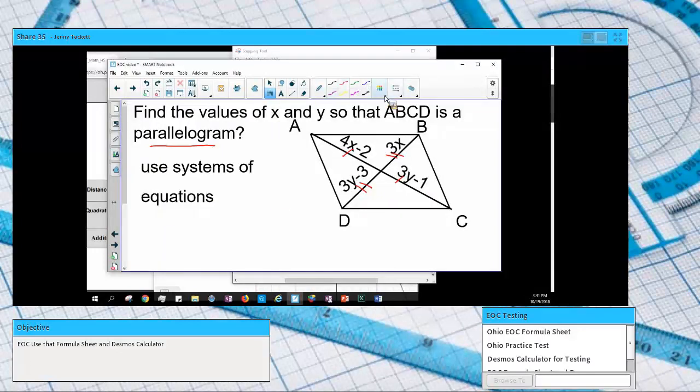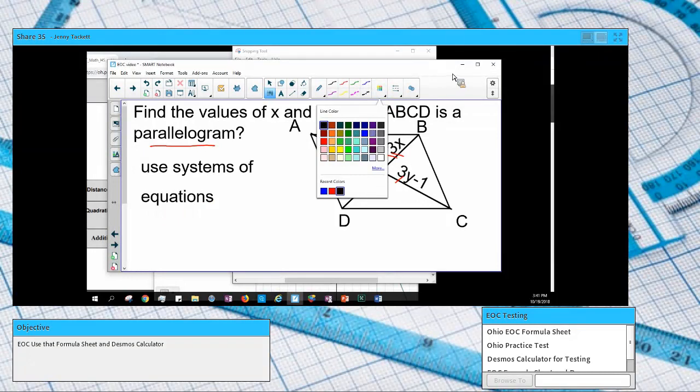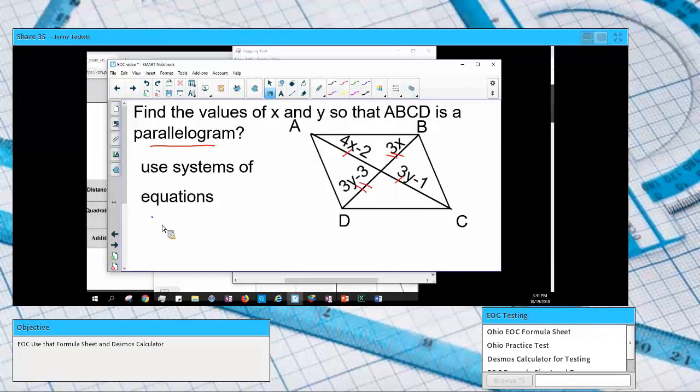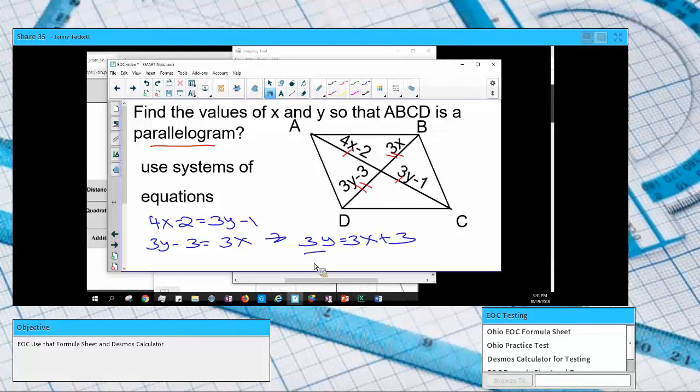Now, if we had to do this manually, we could say 4x minus 2 equals 3y minus 1, and 3y minus 3 equals 3x. We could take this and get it in terms of y by simply saying 3y equals 3x plus 3, divide the entire equation by 3, and that gives us y equals x plus 1.